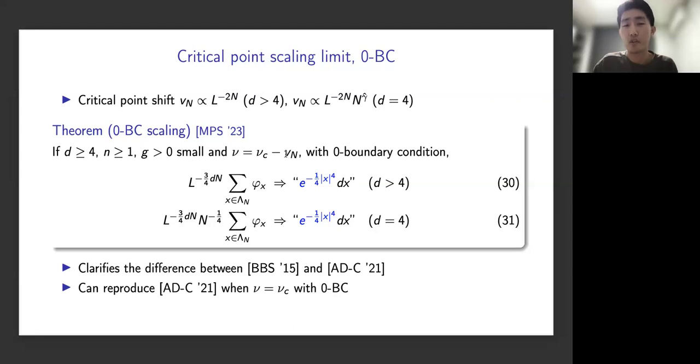So when they are looking at the critical point, they are actually away from the critical point by considering the zero boundary condition, and that gives one advantage. Also, I didn't mention this result in this slide, but you can also reproduce the Dumel-Köpping result when nu is equal to nu c and with zero boundary condition.